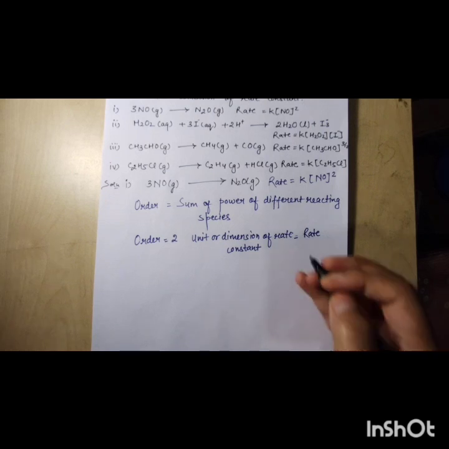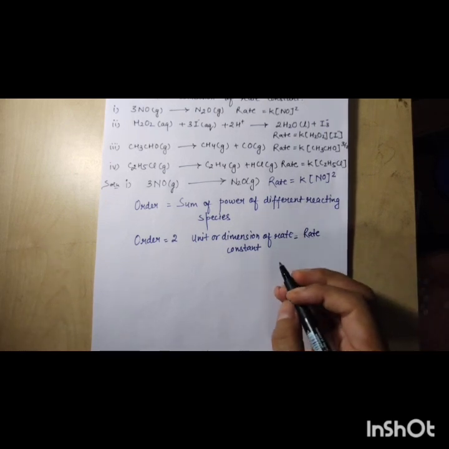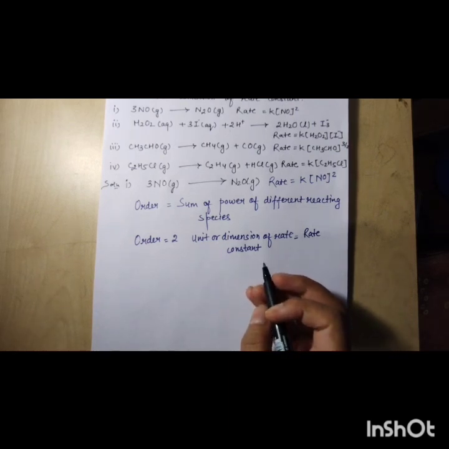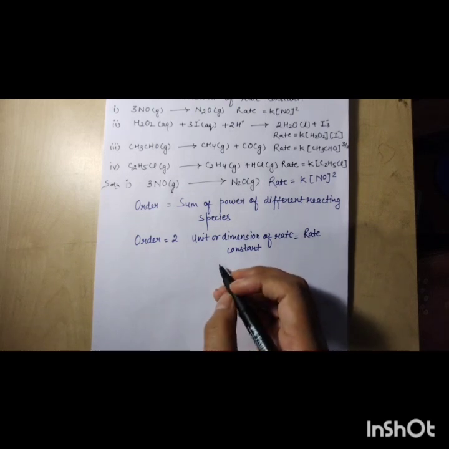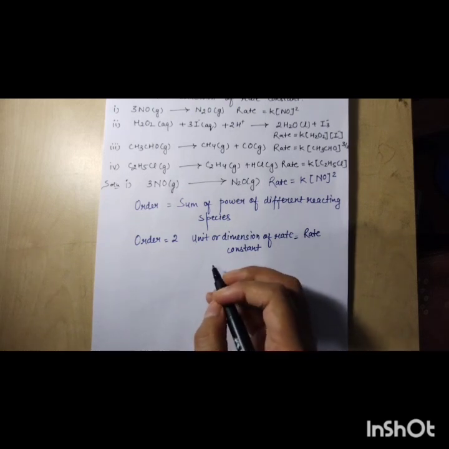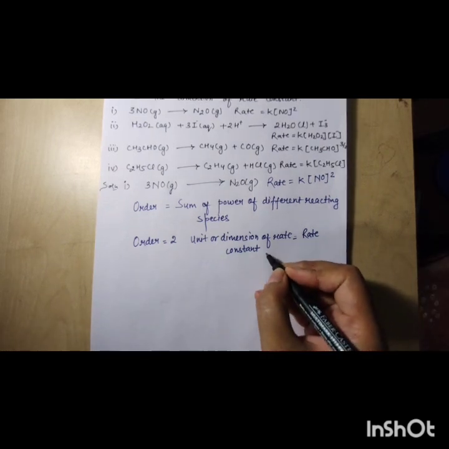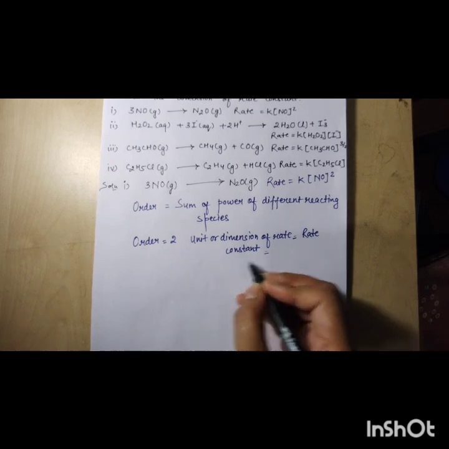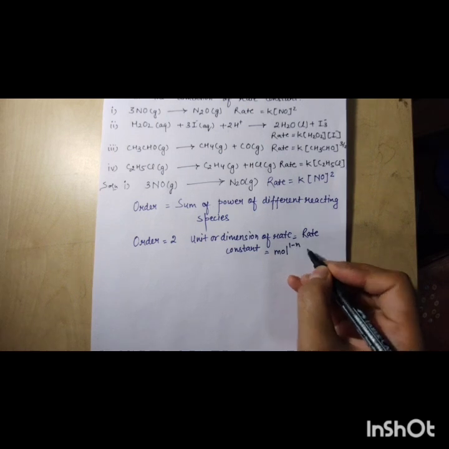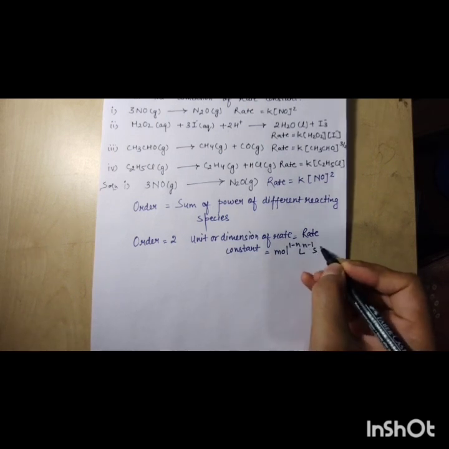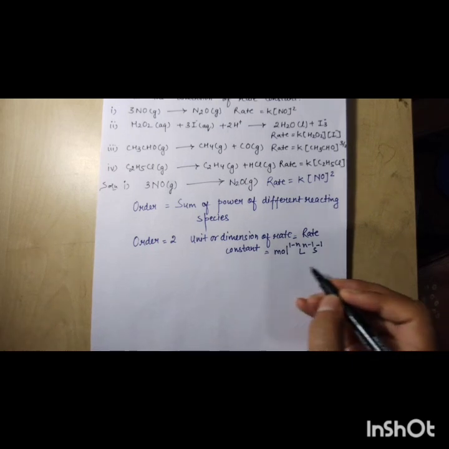As we know, the unit of rate constant is determined by putting the value of order. So here the order will be second order. So we have to put the value in this. We know the formula: mole^(1-n) liter^(n-1) per second. So this is the formula as we have read in the previous video.